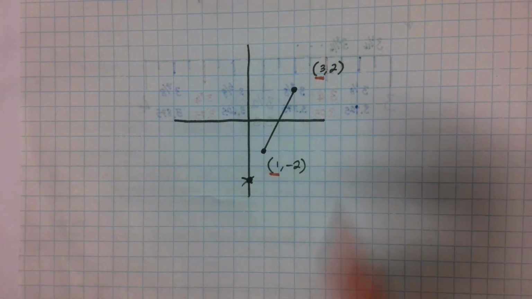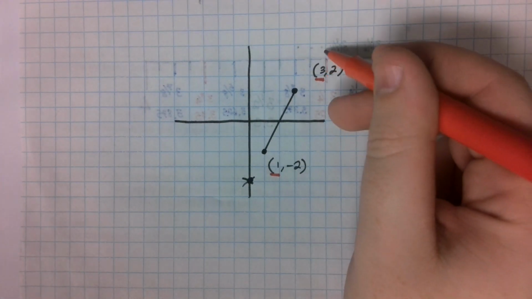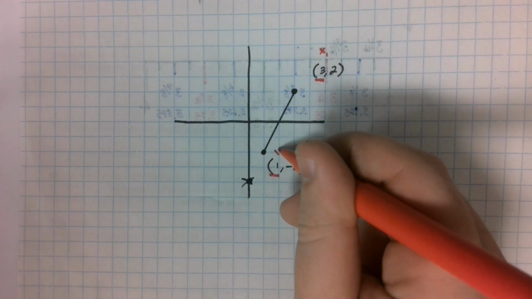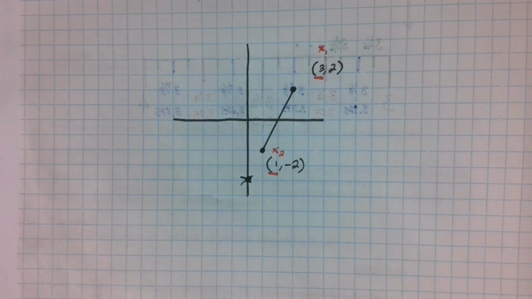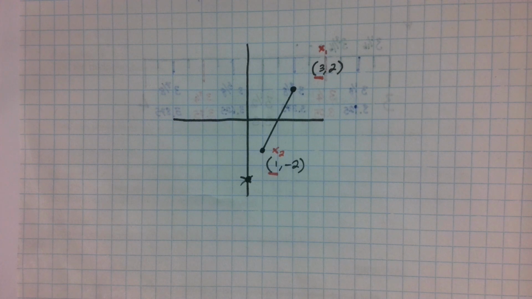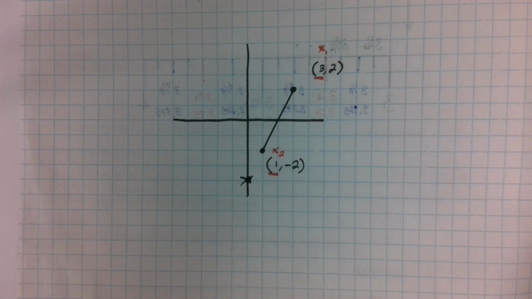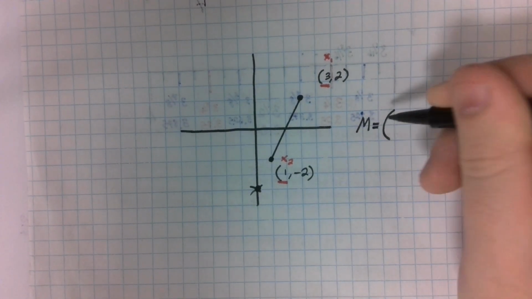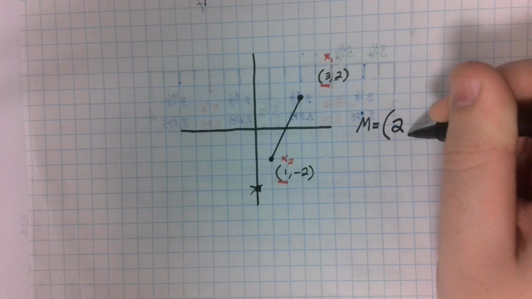So for instance, our points are, for x's, x1 is 3, x2 is 1. What number is between 3 and 1? Well, obviously that one's going to be 2. So we know the coordinate of our midpoint, m, is going to be 2.